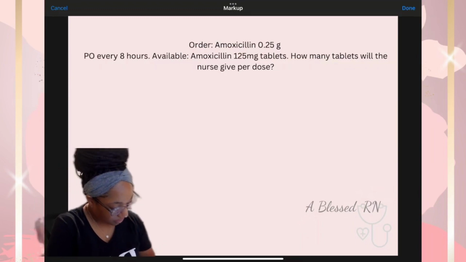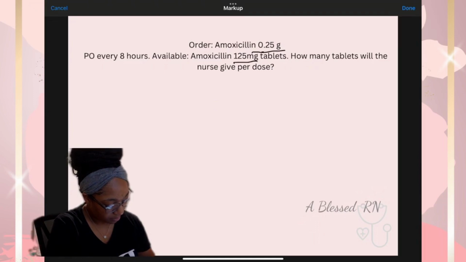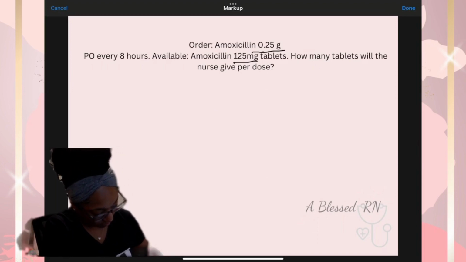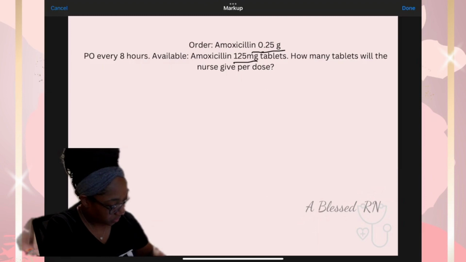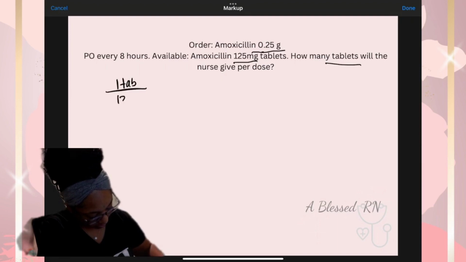I got y'all. So, with these problems, you see that the units don't match. It's grams and it's milligrams. So, for dimensional analysis, we'll just go ahead and show you the conversion. We're just looking for tablets, right? So, 1 tablet is 125 milligrams.